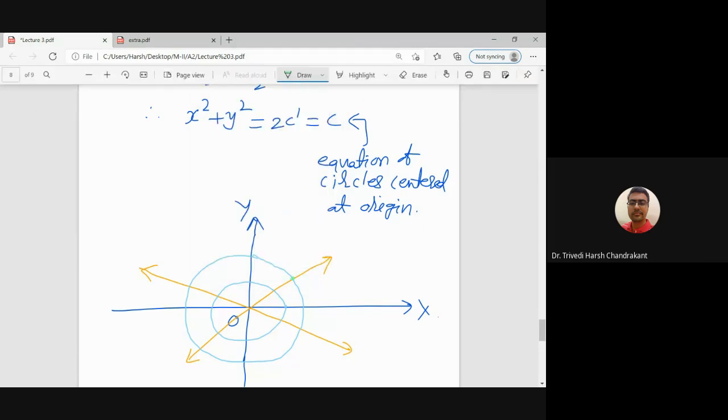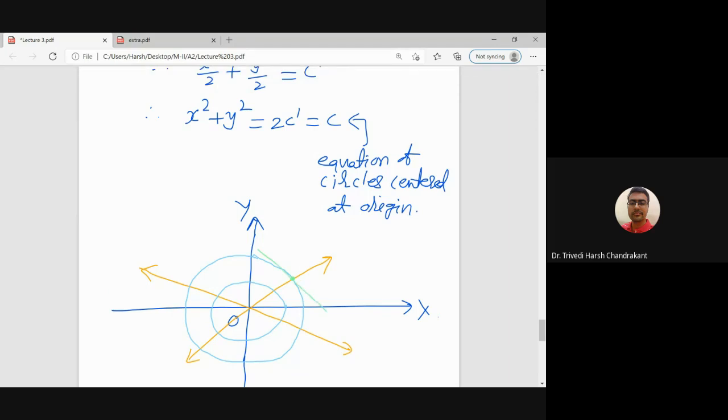At the point of intersection, the tangent of this circle and this line are perpendicular.